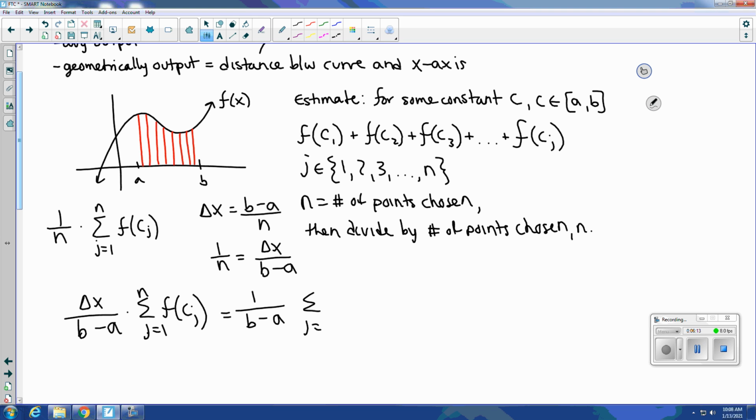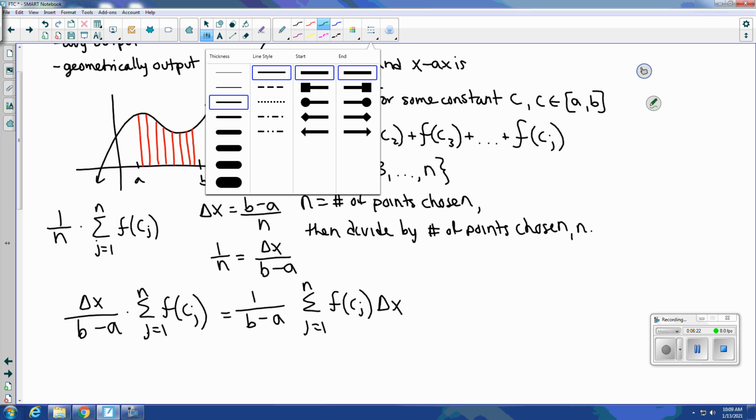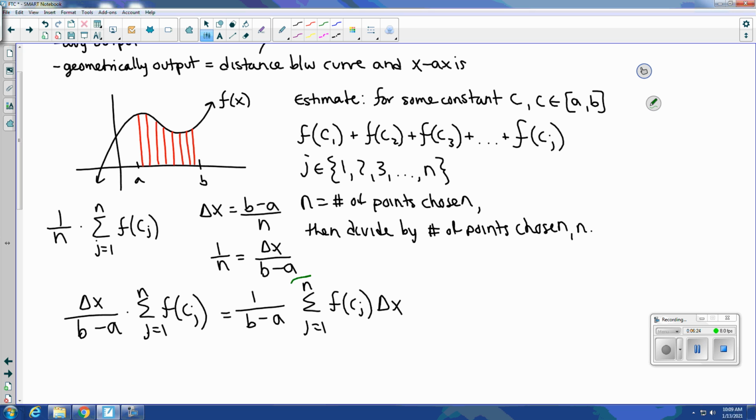And you'll notice that this reveals something that should look familiar. What we have here is the definition of our Riemann sum. We're adding the outputs times delta x, our base, so height and base, area of rectangles, and we're summing them from 1 to n, where n represents the number of points we're choosing or the number of rectangles when we're looking at it like this.